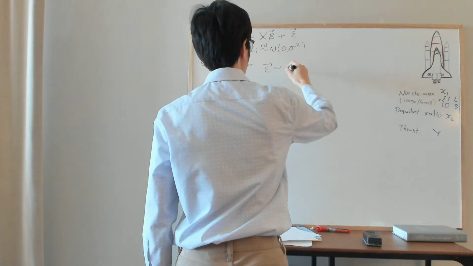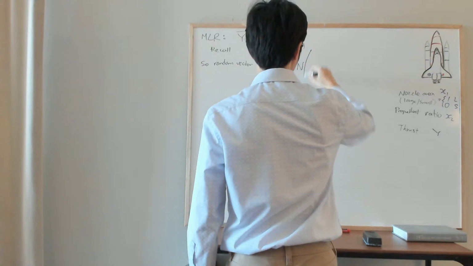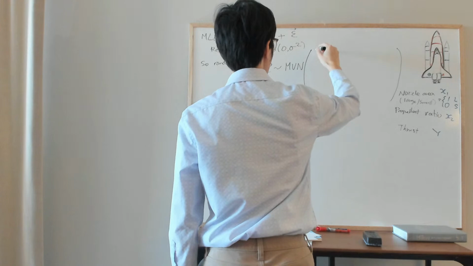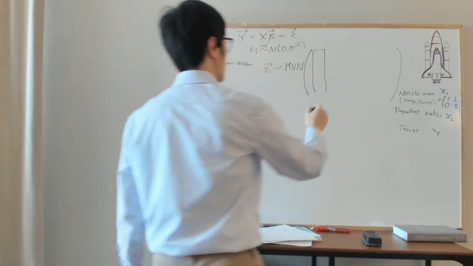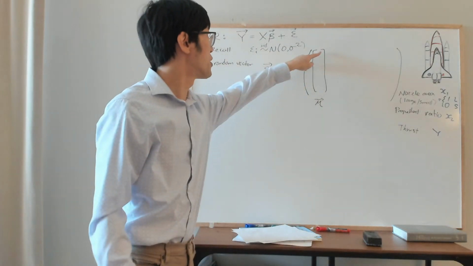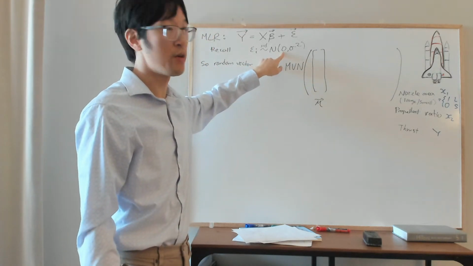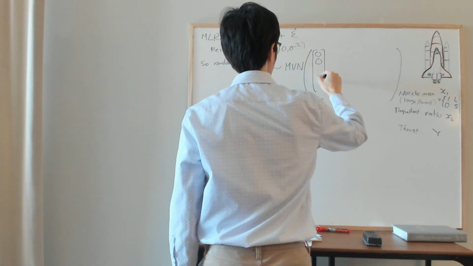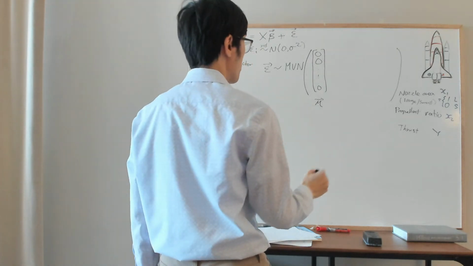For a multivariate normal, I need to specify a mean vector and a covariance matrix. For the mean part, remember, in vector form, each of these entries represents the mean of each epsilon i, so we know that they're all 0. That's the mean vector.